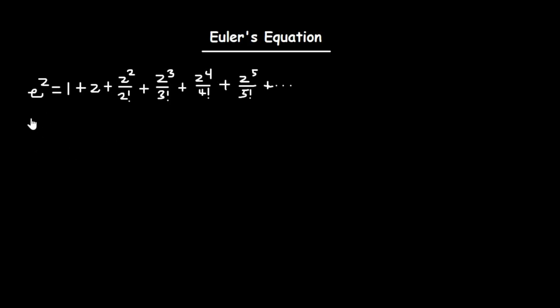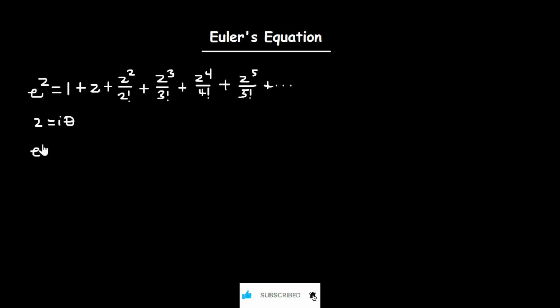So we are going to consider z to be equal to i theta, where i is a complex number. So we are going to substitute i theta in place of z in this series.